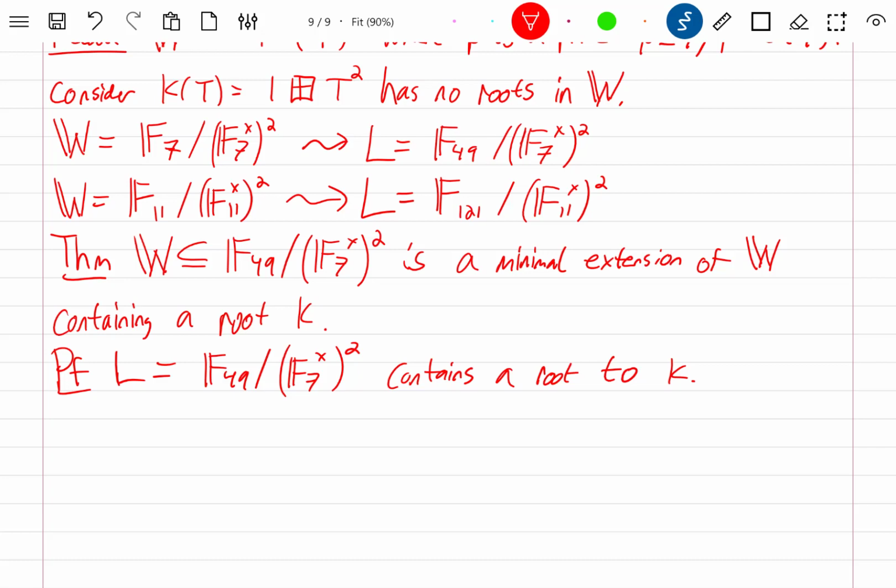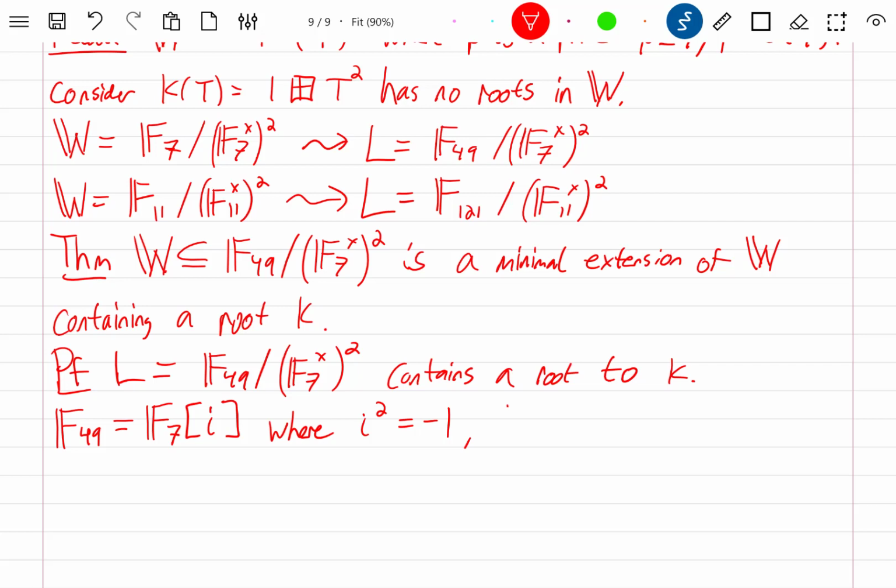And what we'll do is simplify some notation. So F49, we will think of this as F7 adjoin the element i, where i squared is -1. So that's our first observation.